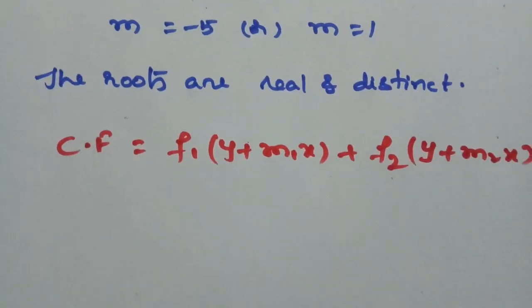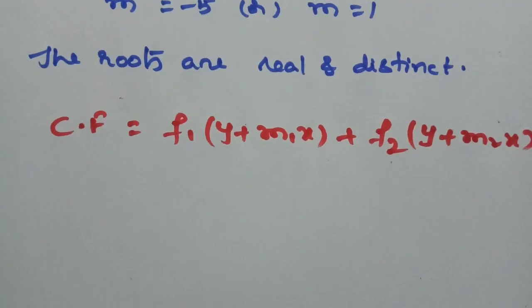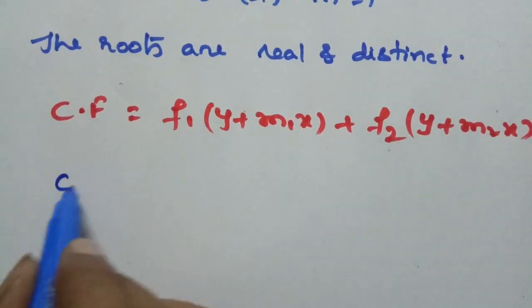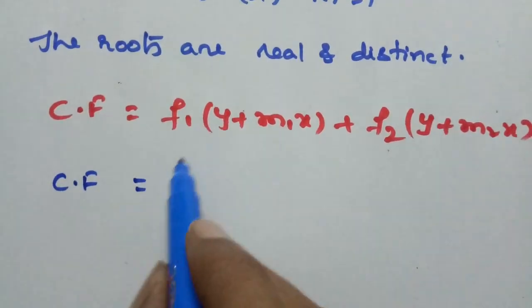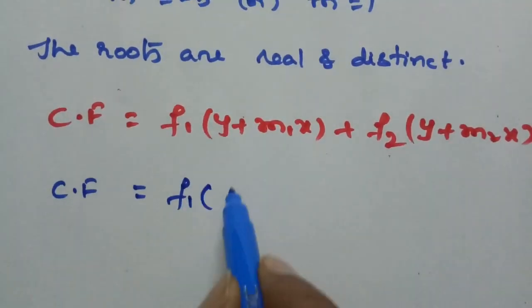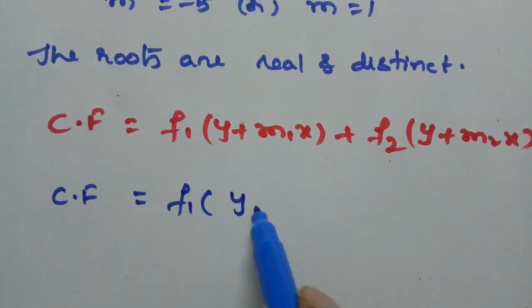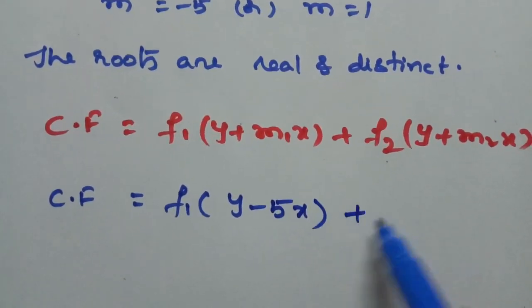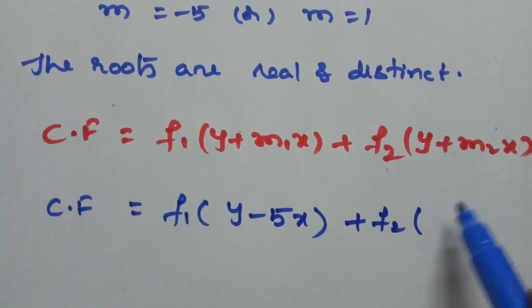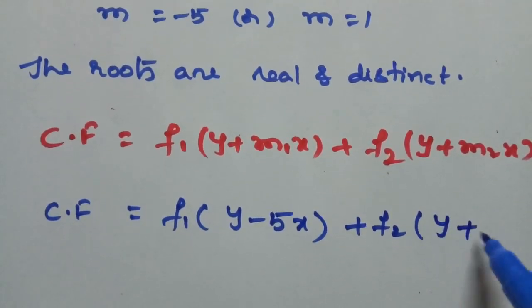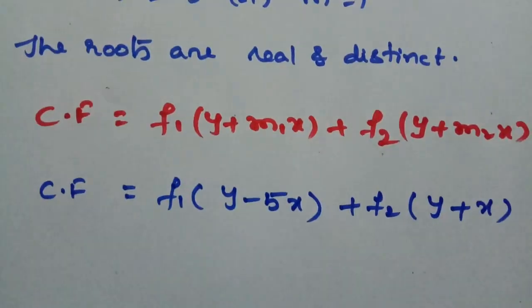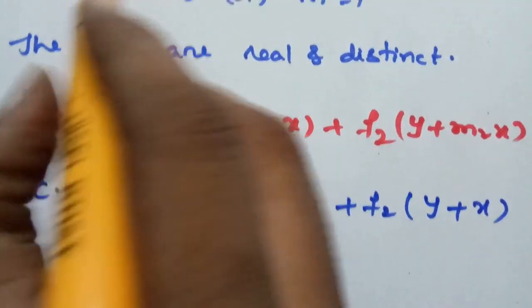This is the basic formula for the complementary function. Therefore, CF is f1 of y plus m1, that is minus 5x, plus f2 of y plus m2, that is 1x. Here m1 is equal to minus 5.